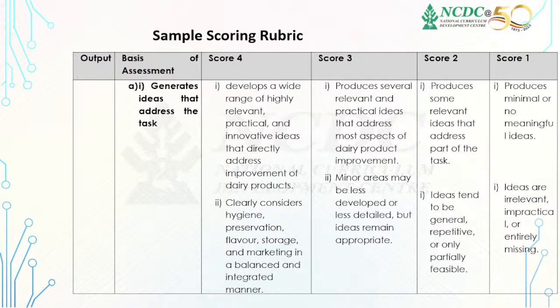And clearly considers hygiene, preservation. These are very key. I have mentioned them: hygiene, preservation, flavor, storage, and marketing. Because if it is poorly stored, the product quality will be ruined. If the flavor is bad, the market will be ruined. If the preservation has not been done, you have just processed and stopped at that, the market will definitely be ruined, because the product will not have a long shelf life.